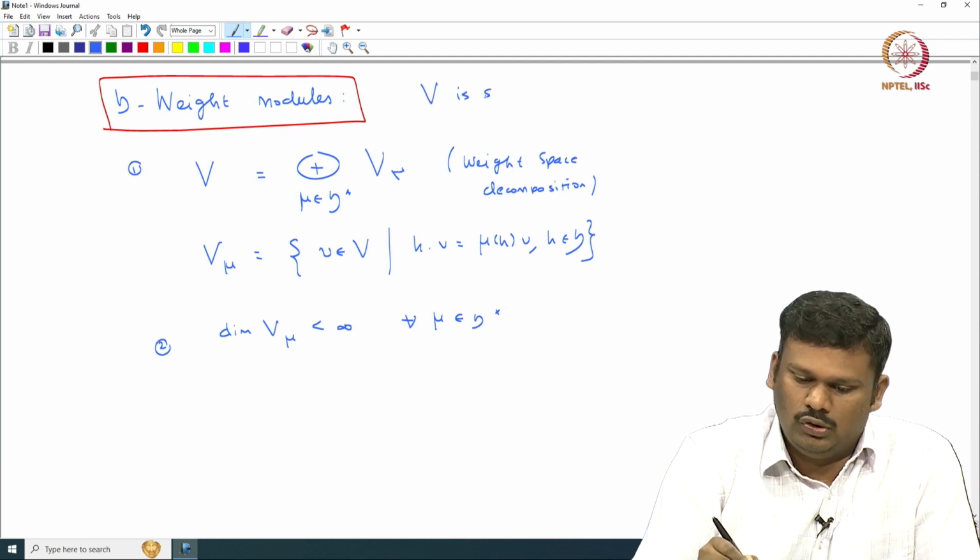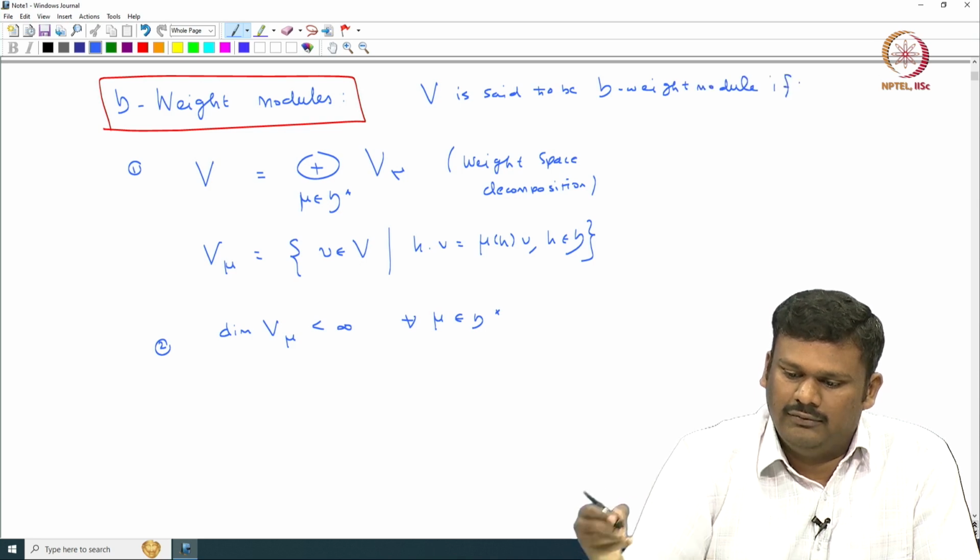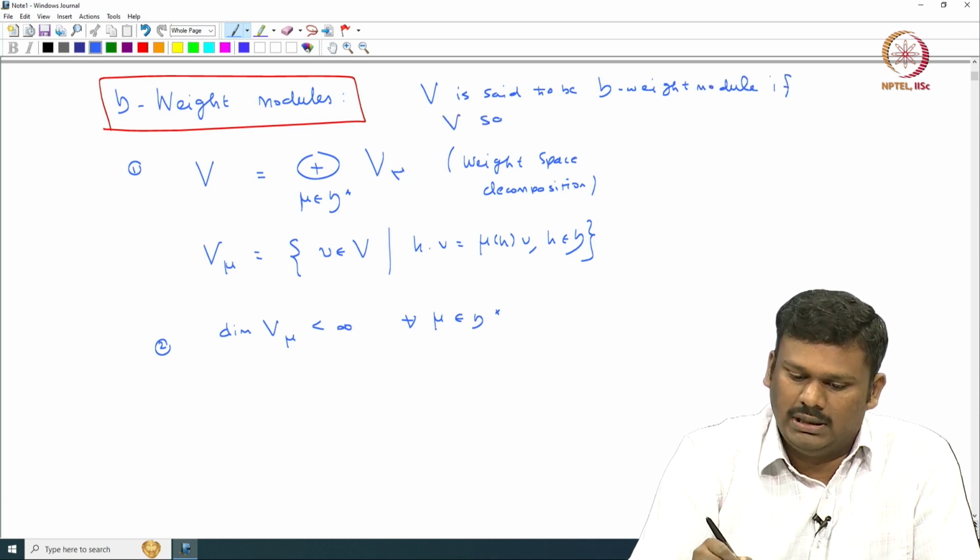So, V is said to be an H weight module if V satisfies the following conditions.